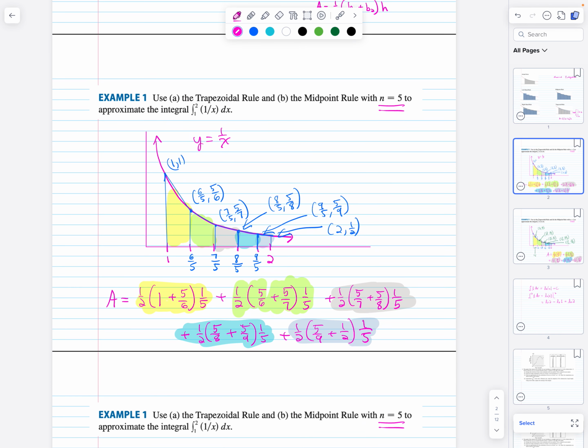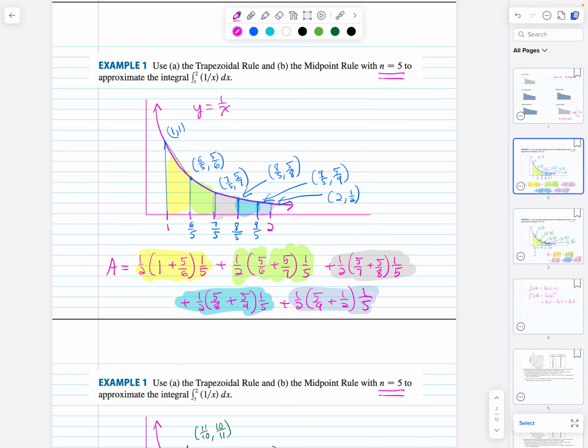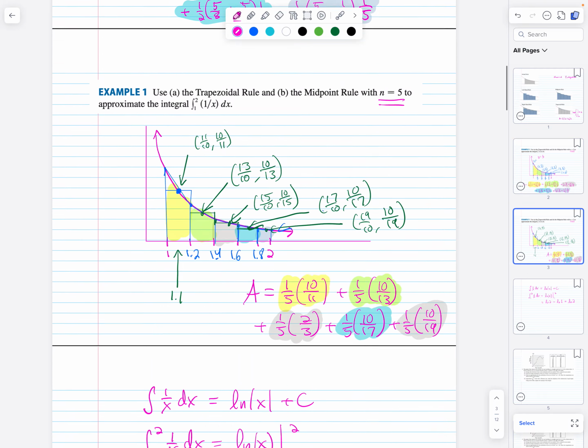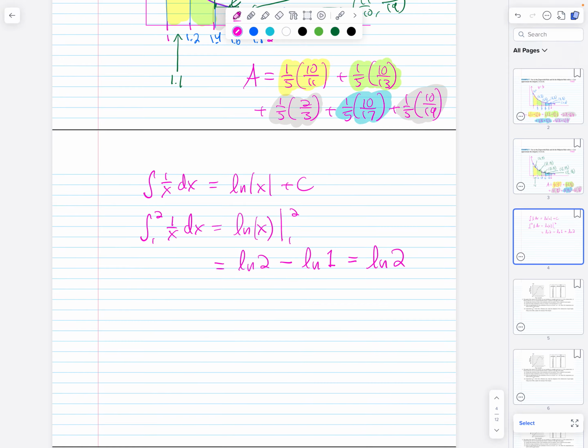Reason I'm stressing this is sometimes the AP test will ask you to find an approximation using a trapezoid rule, a midpoint rule, a left-hand rule, a right-hand rule. One of the answers might be the exact answer you would get for the integral, one of the choices, A, B, C, or D, or E.